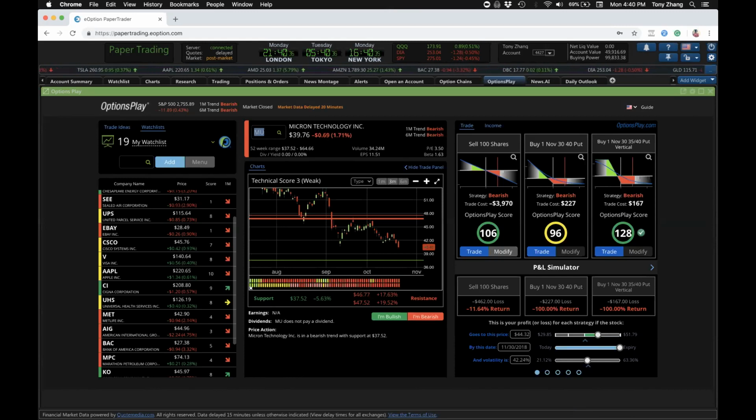There are going to be cases, especially in the smaller cap names, where you're just better off trading the stock. And this is really what the tool is designed to do. Help you put the three different strategies side by side and see which one's best suited for you. We're not saying that the option is always best. Sometimes it's not best. So make sure that you utilize this tool and compare them in order to see which one's best suited for you.